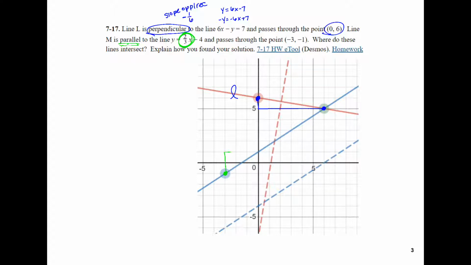So if we go up 2 over 3, we can graph our second line, and then it asks where do these lines intersect. So once they are graphed, line M and line L, we can see in fact that our two lines intersect right here, and that is the ordered pair 6, 5.